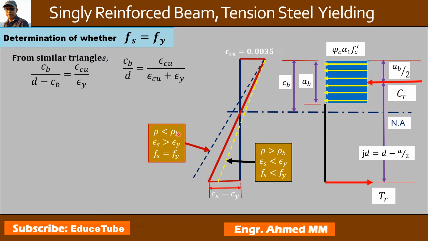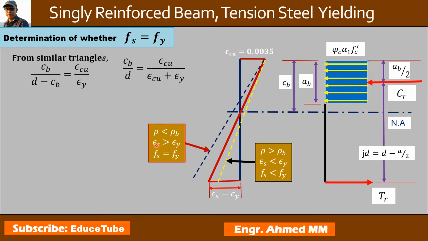reinforcement ratio less than balanced reinforcement ratio. As well, this epsilon S, the strain in the steel, is greater than yield strain.